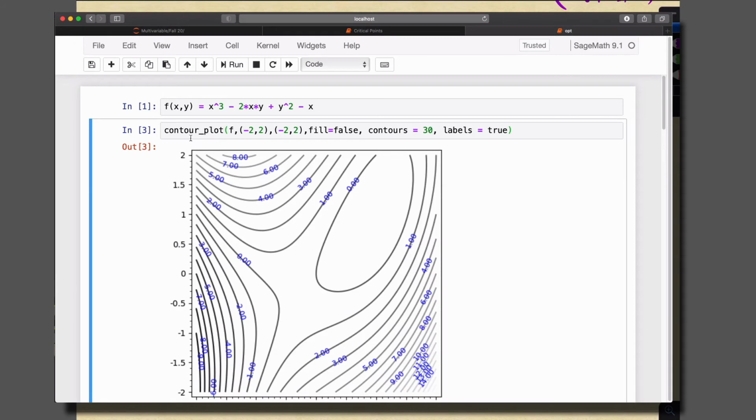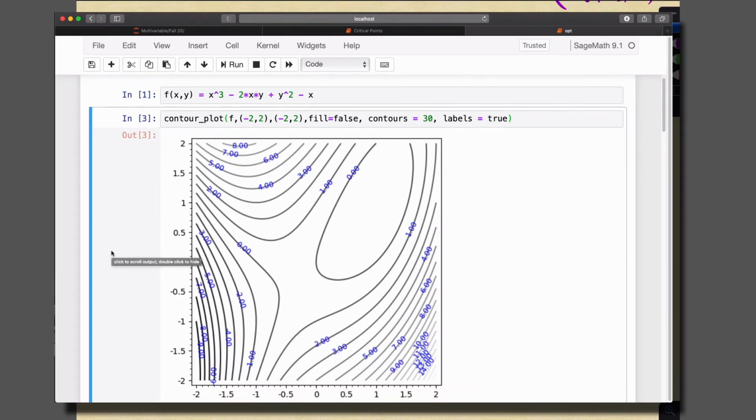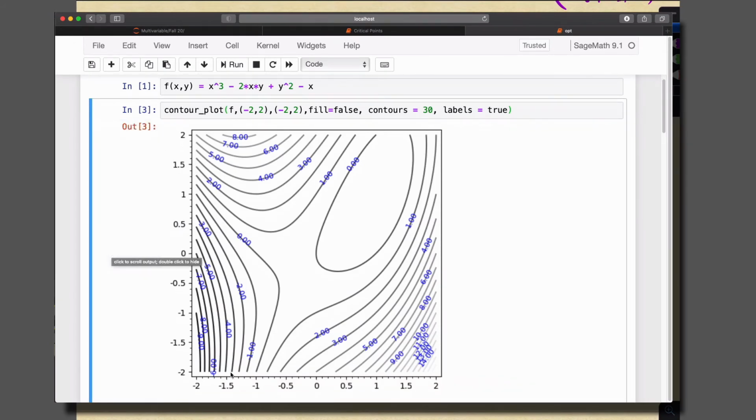Remember, our critical points were at minus 1/3, minus 1/3, which is around here, and 1, 1, which is around here. So looking at the point 1, 1, you might observe that this is probably a local minimum. We see the z values are decreasing. But we'll zoom in on both these points, and it's kind of hard to tell what's happening here.